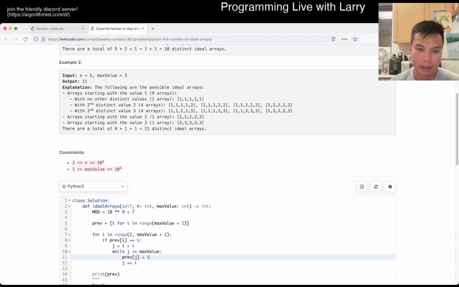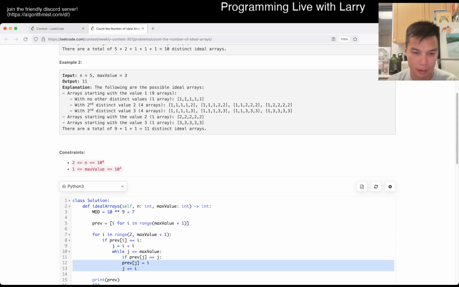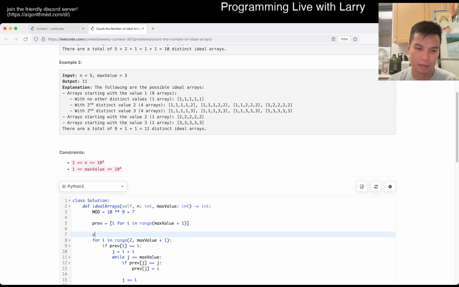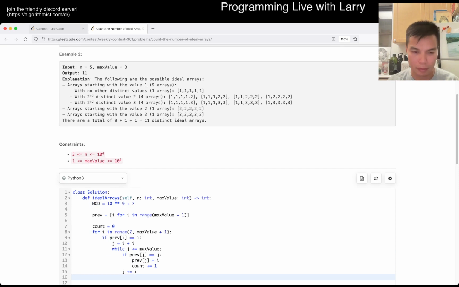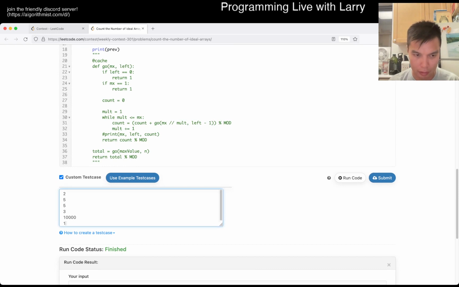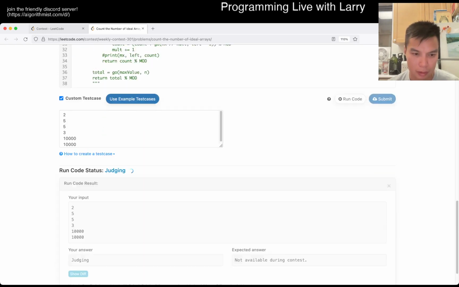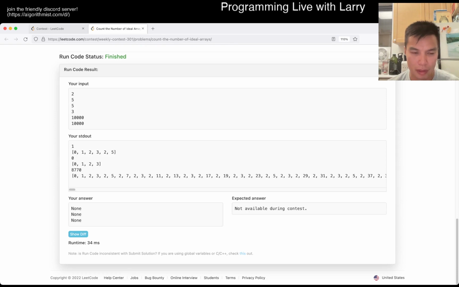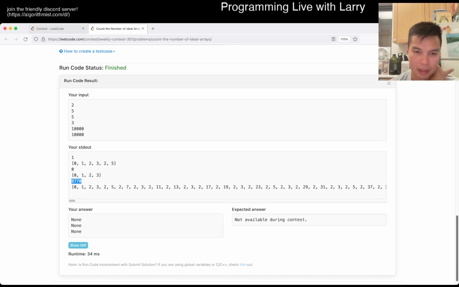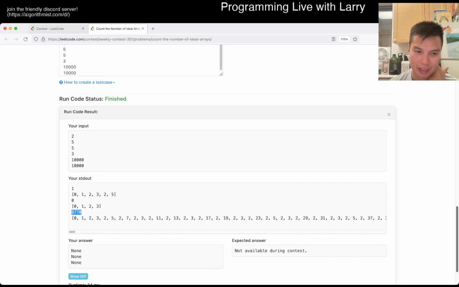What if for each of these, what I need to do is, if previous of j is equal to j, how many total possible things are there? 8,000. So I was hoping that if this number was smaller, then we could do a 10,000 proof DP on this. But it seems like that's not the case.